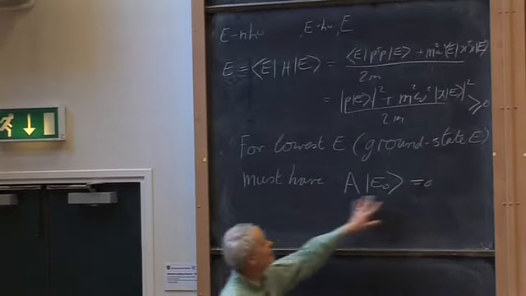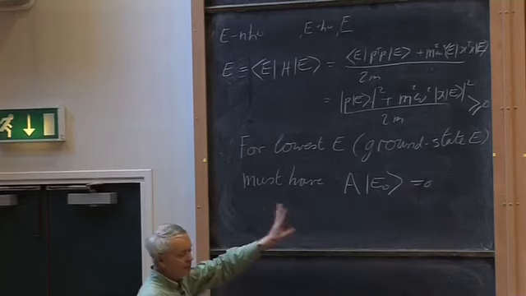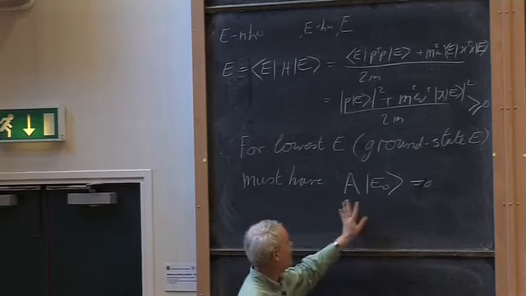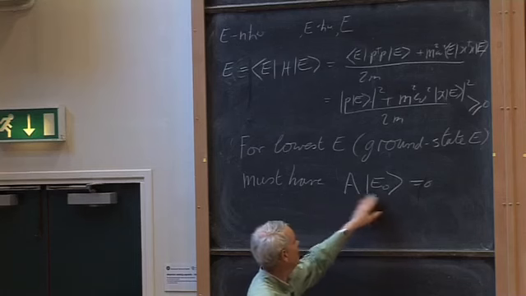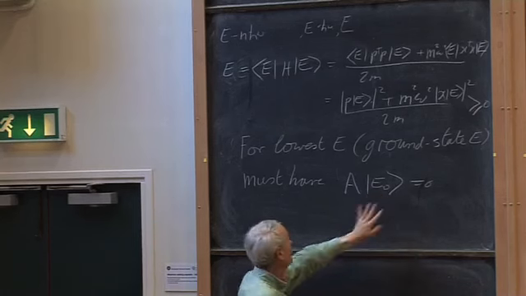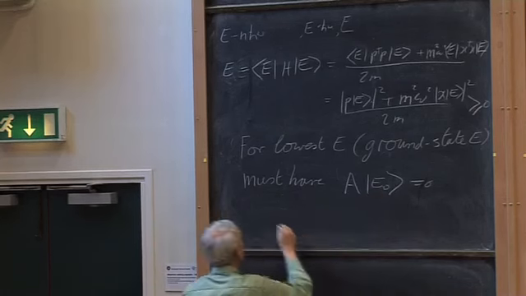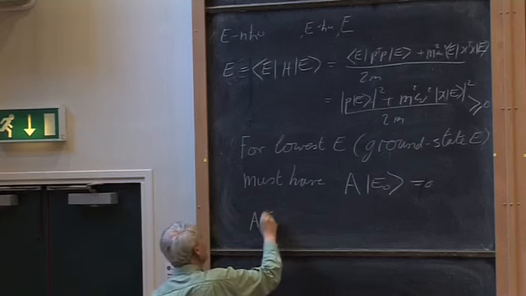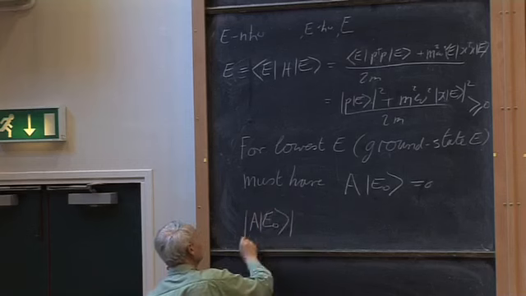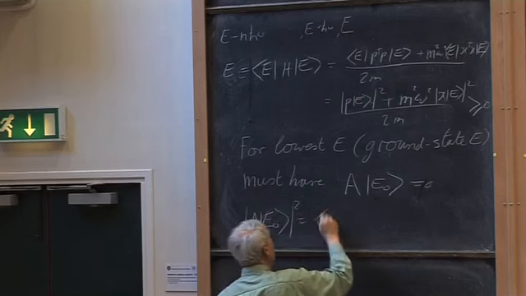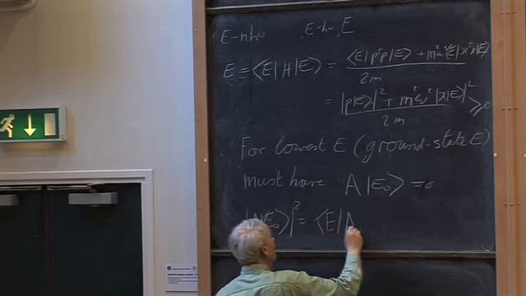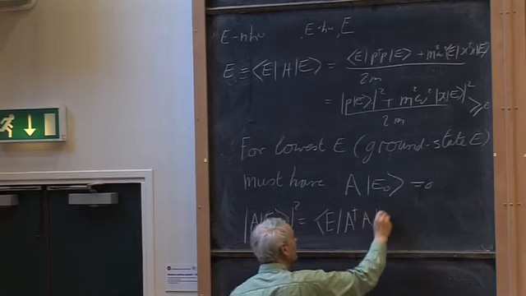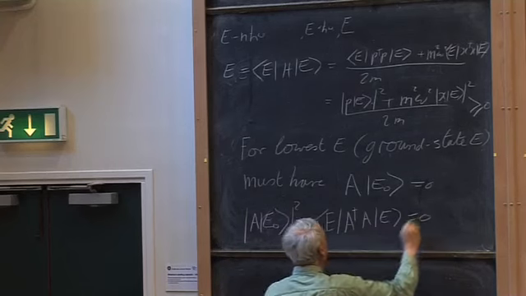So what does this equation mean? To give more precise meaning to it, what we say is that this ket that you get here has no length squared. So let's just evaluate the mod length squared of A E0, which is equal to <E|A dagger A|E>, is nothing.